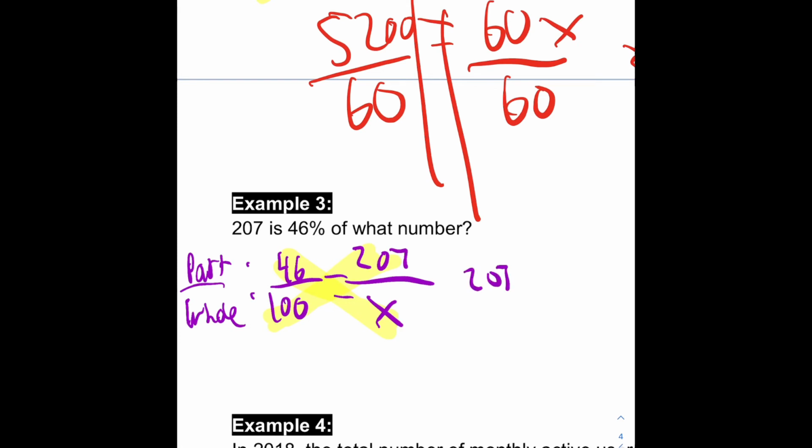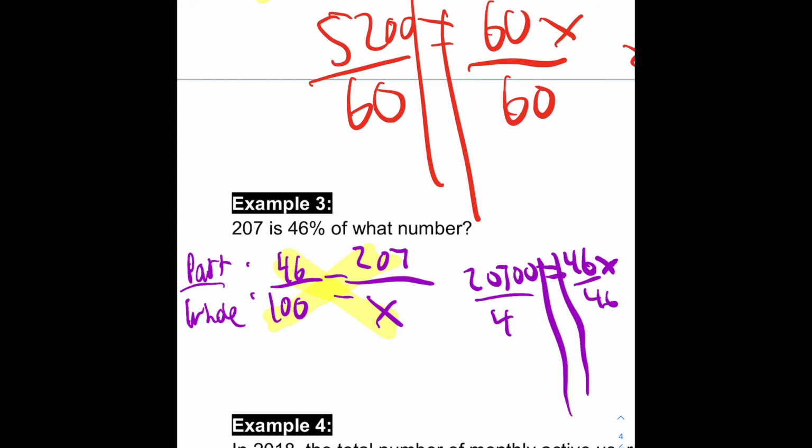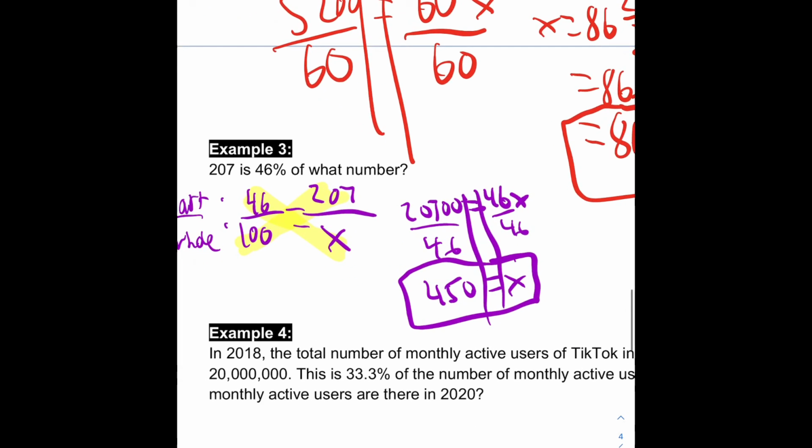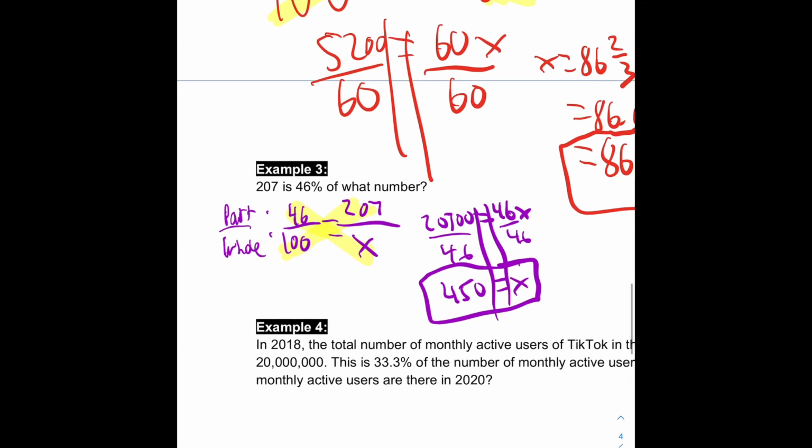So this would be 20700 equals 46x, divided by 46 on both sides. You should get 450 equals x. So it makes sense that my number is going to be more than 207, because 450 would be the total, or the 100%.